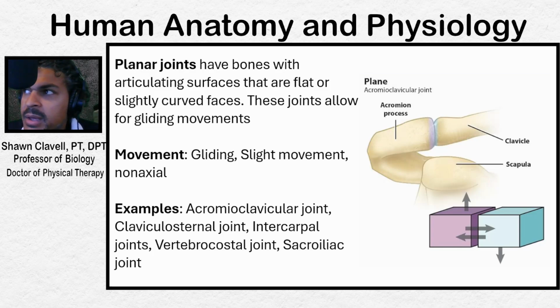So again, there's the example of the acromioclavicular joint, but this also occurs in the sacroiliac joint, the vertebrocostal joints, and even the wrist, right? So in the wrist, these are where bones kind of slide against each other, maybe even glide. There's very slight movement that occurs here, but it should be identified.